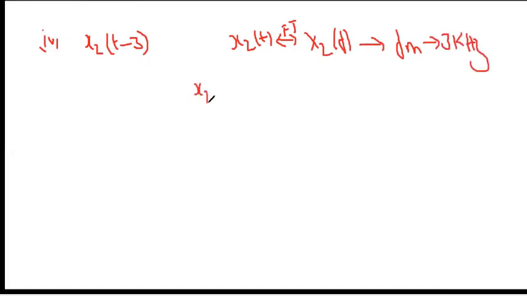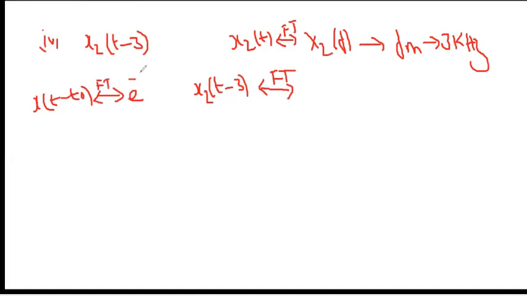And now the x2 of t minus 3, the Fourier transformation. The 3 samples are shifted towards the right side because it is a delay function. The Fourier transformation is multiplied with, by one of the properties we know, the Fourier transformation of x of t minus t naught is e power minus j omega t naught times x of omega.